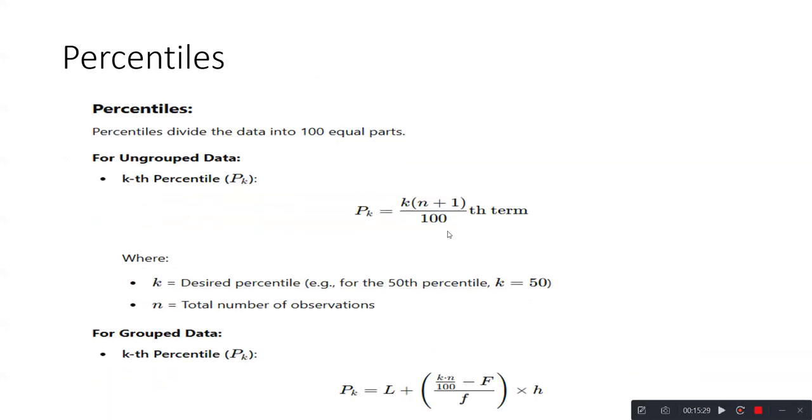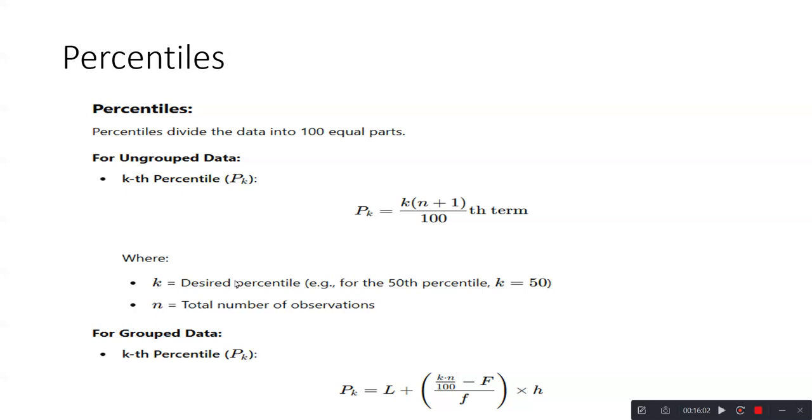The percentiles are almost the same way, only that here we are talking about percentages instead of quarters. So in percentages, you have maybe the first percentile would be 1 out of 100 times the n. So you get that term. But if n is odd, then it will be n plus 1.